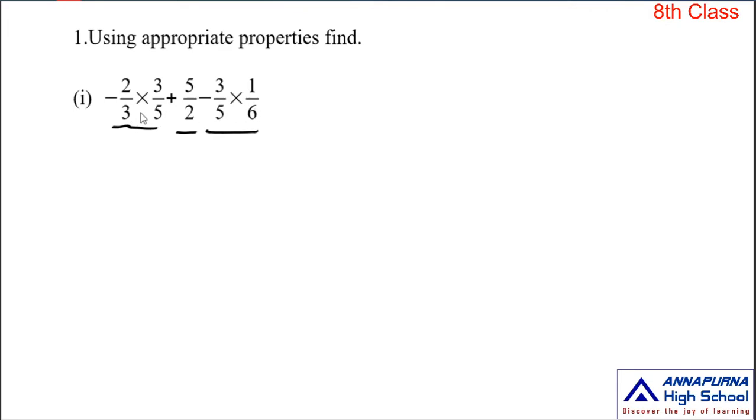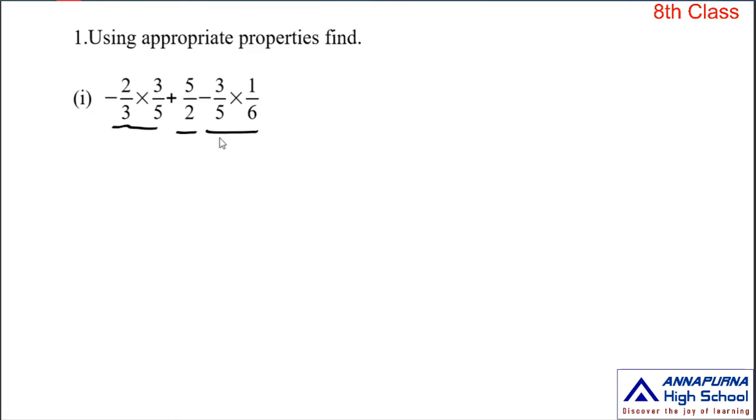Observe the two factors. The two factors of the first term are minus 2 by 3 and 3 by 5, and the two factors of the third term are 3 by 5 and minus 1 by 6. I assign the minus to the factor minus 1 by 6. When you observe these two, we have a common term, that is 3 by 5.